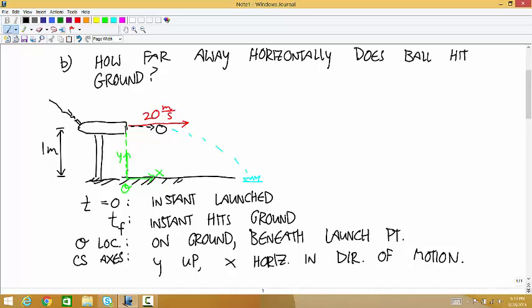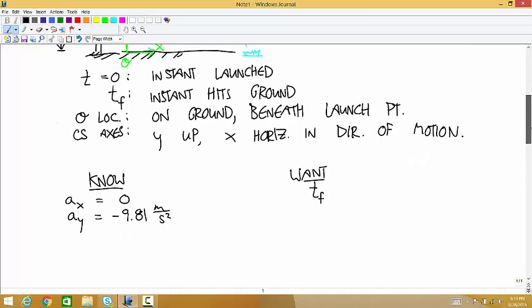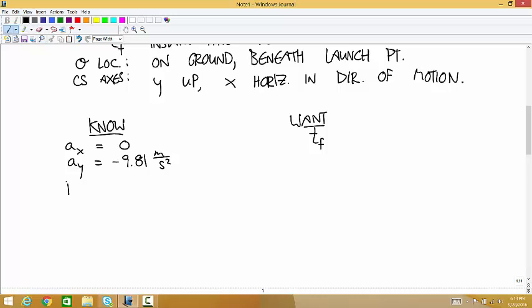So the coordinates are, it's just 1 meter in the positive y direction, no distance horizontally from the origin. So PIX is 0, PIY is positive 1 meter. Anybody have any questions about that?